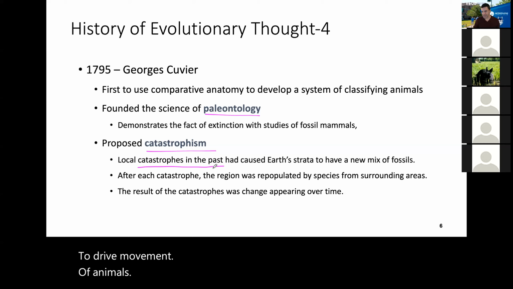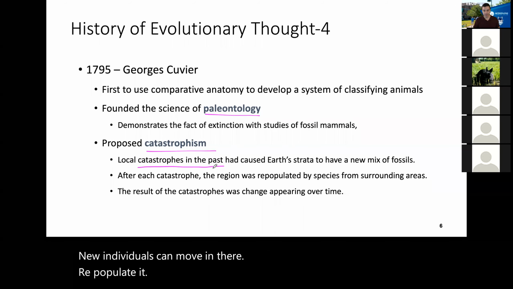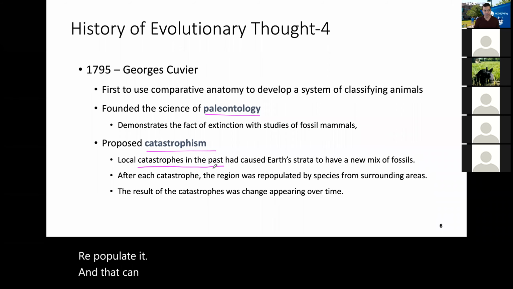When a catastrophe happens in a region, it wipes out a vast number of individuals in that region. New individuals can move in there, repopulate it. And that can have a drastic effect and a drastic change on a gene pool.